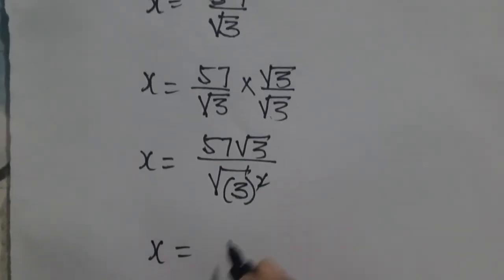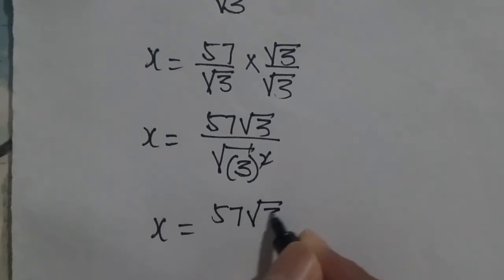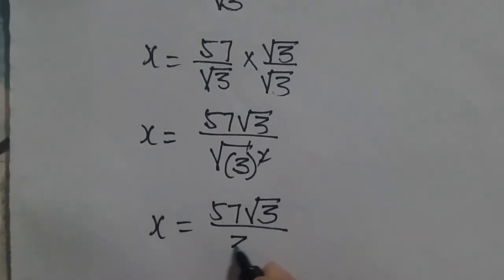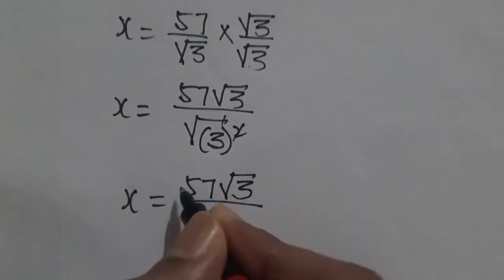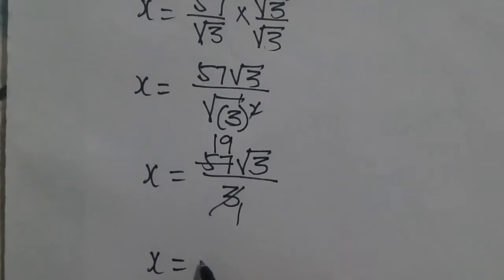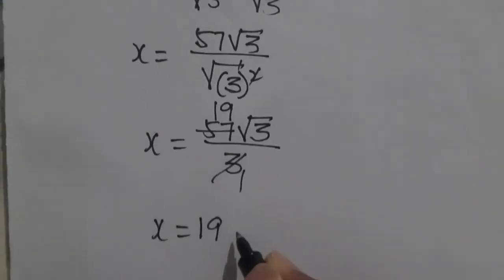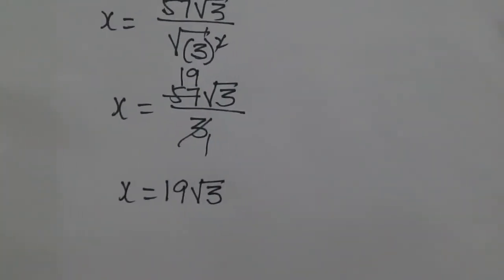X is equal to 57 into root 3 by 3. Cancel by the 3 table: 3 ones are 3, 3 19s are 57. X is equal to 19 into root 3.